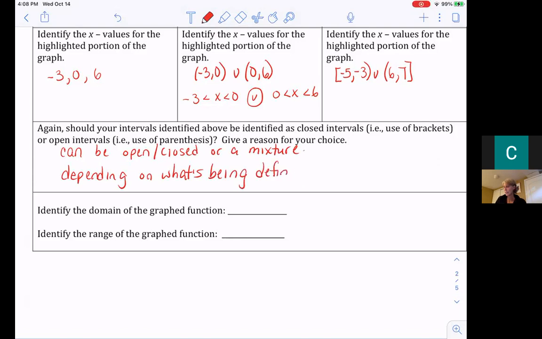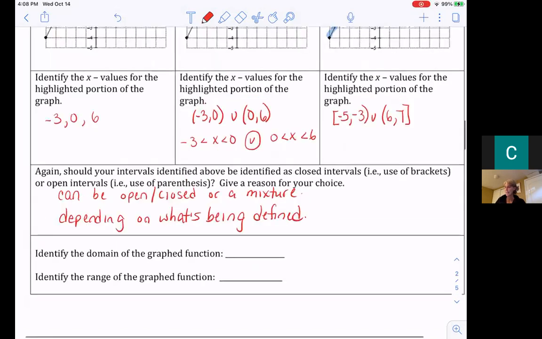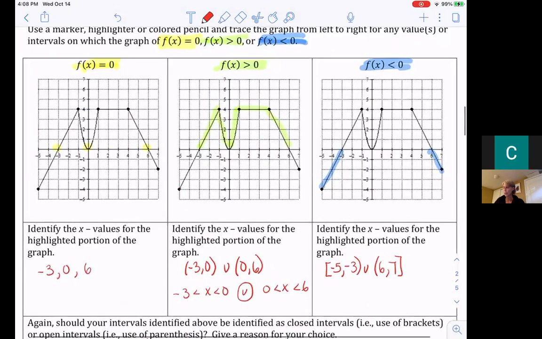Meaning, are we included or not? So we're going to be very aware of that and very conscious of that when we're doing problems of this nature.